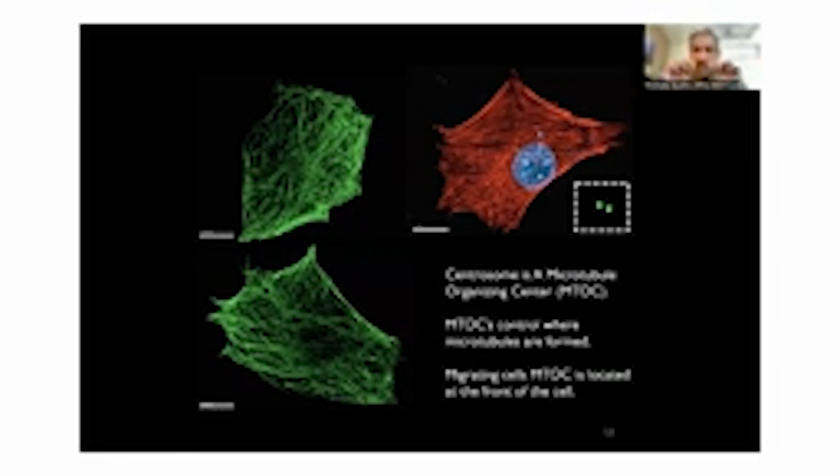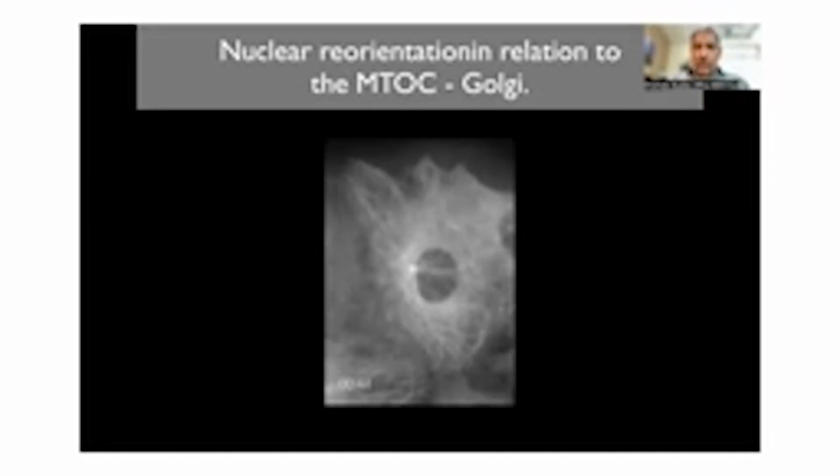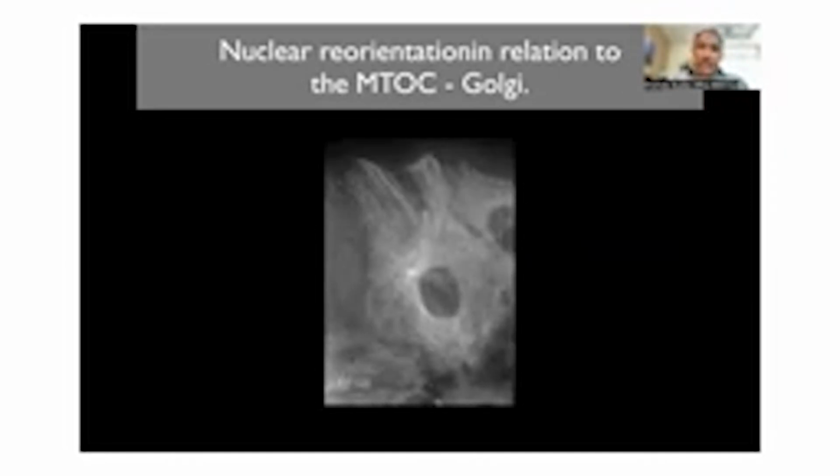And so they start there and they go in all directions inside the cell. The green you can see on the left-hand side are two cells where the microtubule network is stained for. And you can see this very beautiful architecture that they have in cells, right? And so this is a good example of the microtubule organizing center.